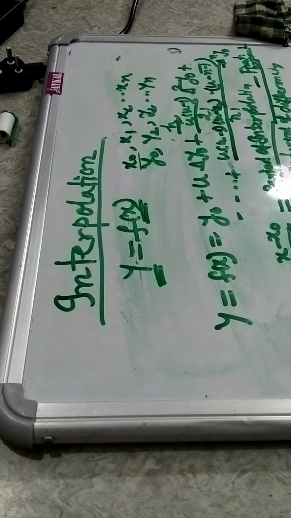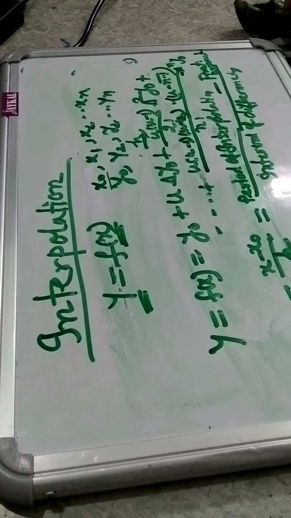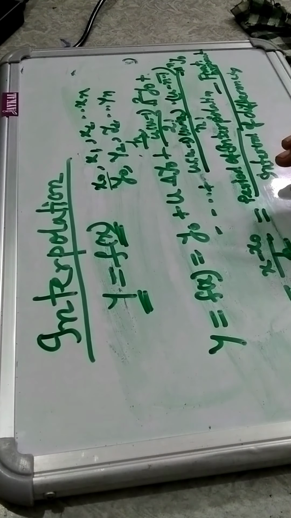This method is applicable only when the values of x are equidistant, and this formula gives a good estimate when the value lies in the beginning of the x series. So it is called the forward interpolation formula.